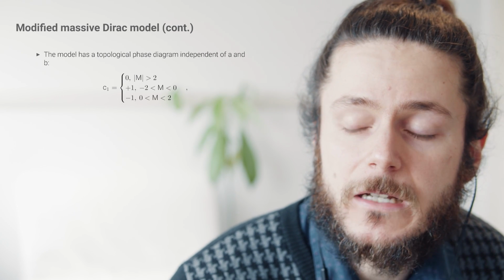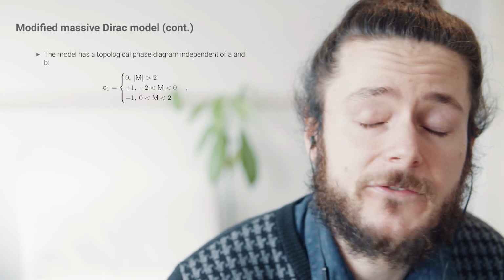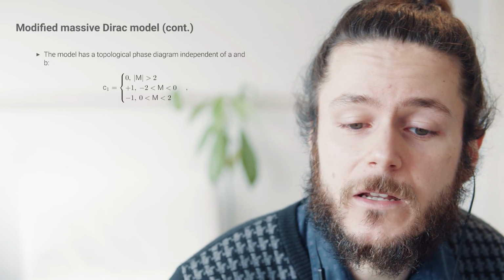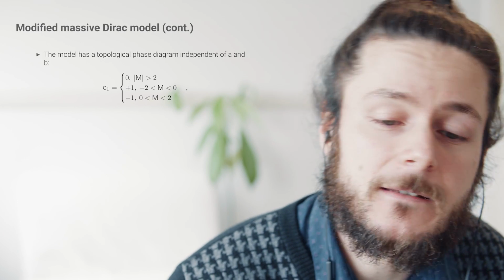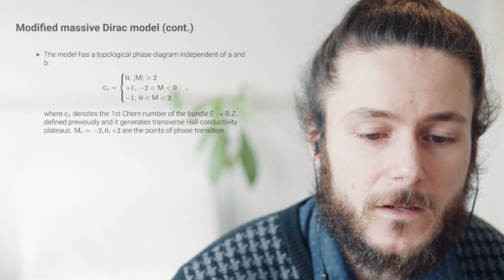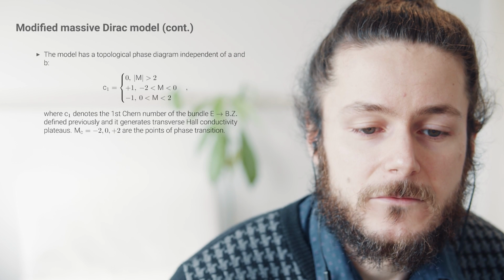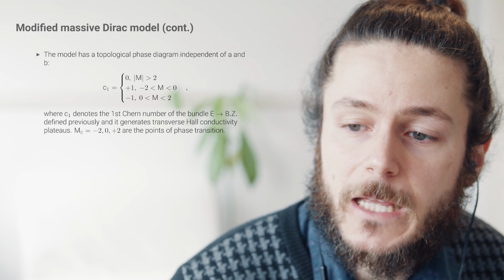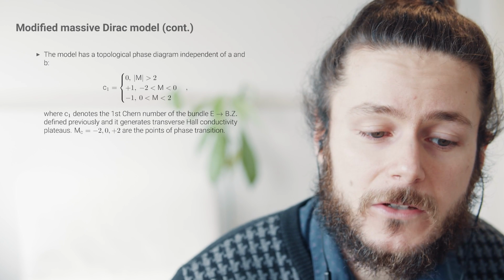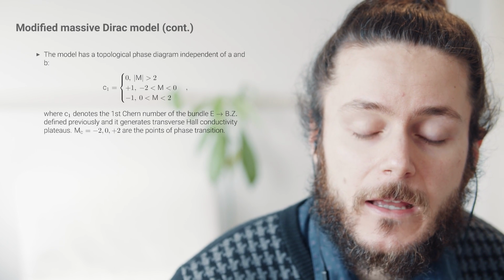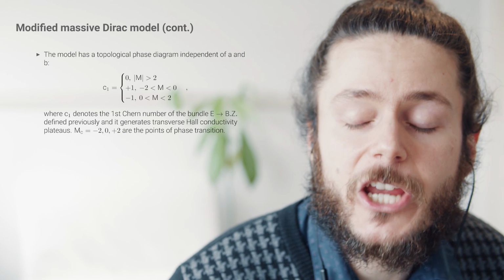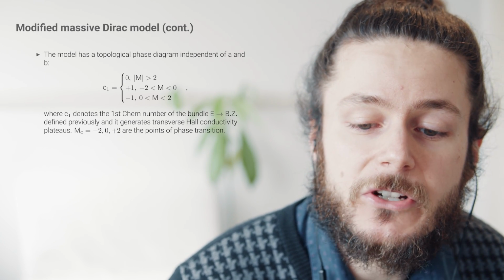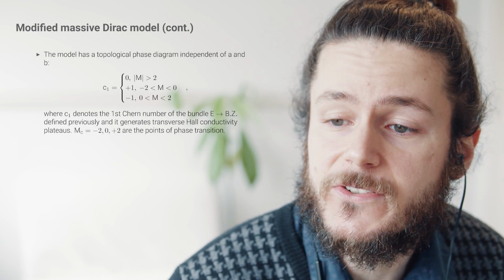It is plus 1 if the mass is between minus 2 and 0. It is minus 1 if m is between 0 and 2. Don't forget that C1 gives the transverse Hall conductivity plateaus. And here you can check that the critical points, where the phase transitions occur, are precisely minus 2, 0, and plus 2.